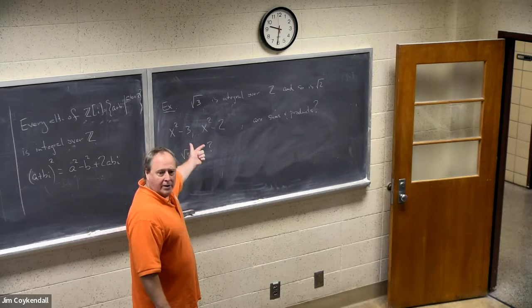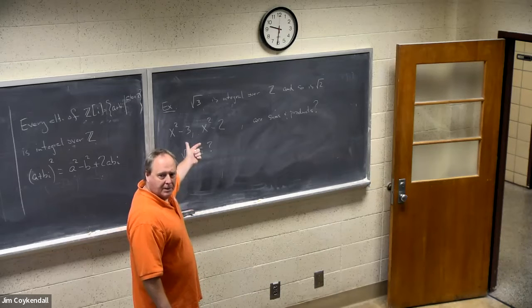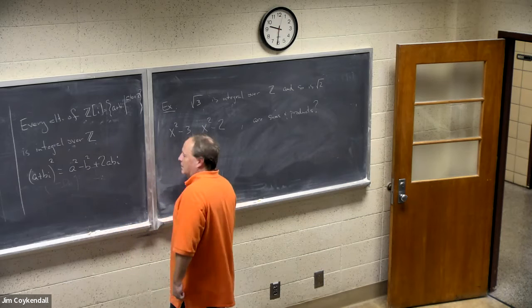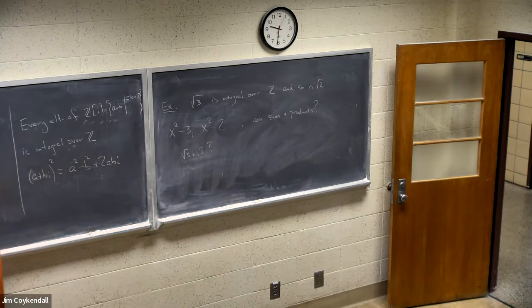Notice both of these are square integral, right? They're minimal polynomials. Quadratic. What about this? You can do this actually the same way that you did before, right? But it's not obvious at all it works.